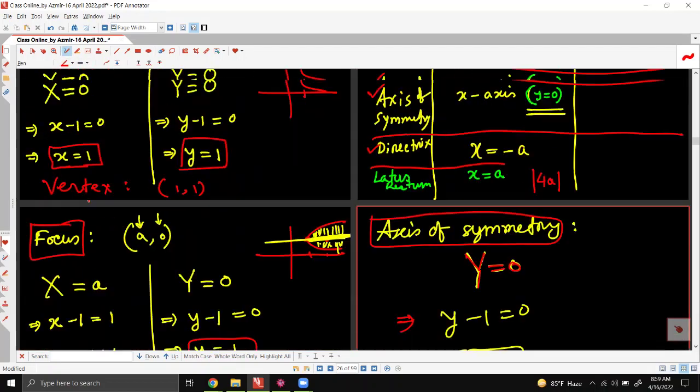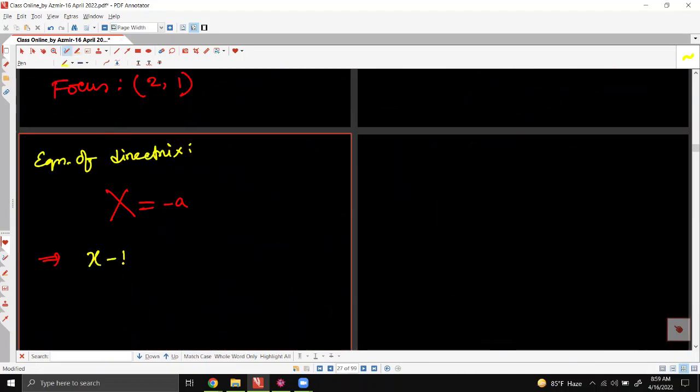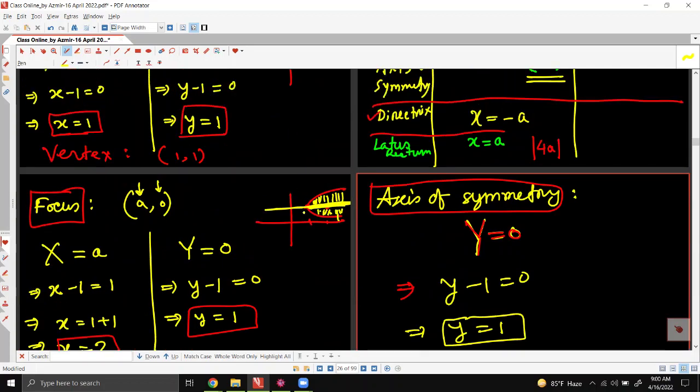So uppercase X is small x minus 1 and there is a negative here, A is 1. So we are getting x equals negative 1 plus 1. That means x equals 0. So x equals 0 is the directrix. X equals 0 means y-axis. So this is the vertex. You can easily understand that this is the vertex, this is the focus, and this is the directrix.